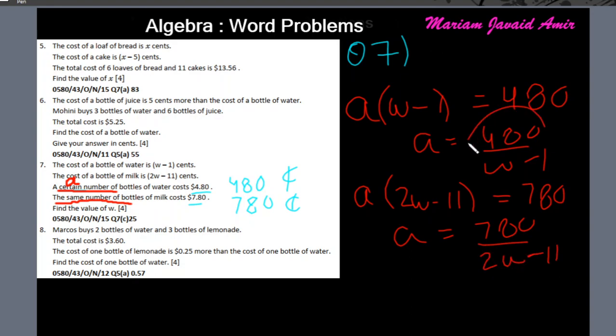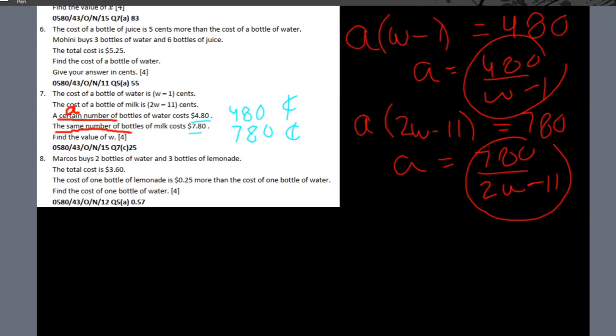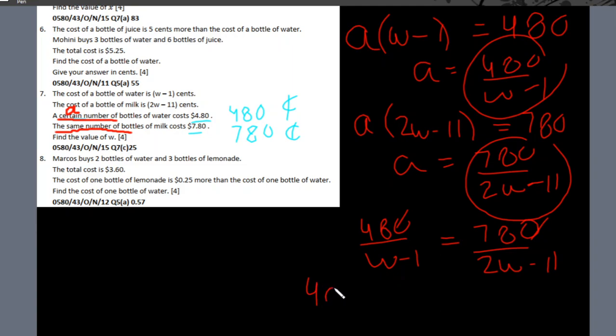Now we can equate these two and get our answer for W. 480 over W minus 1 equals 780 over 2W minus 11. For ease, I'll get rid of these zeros, divide both sides by 10, and then I'll write 48 times (2W minus 11) equals 78 times (W minus 1).